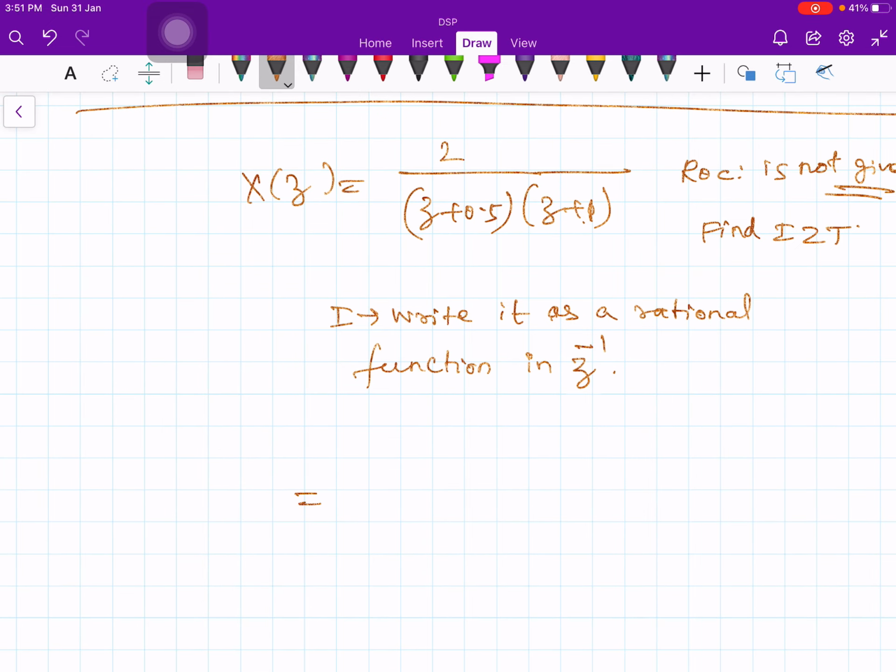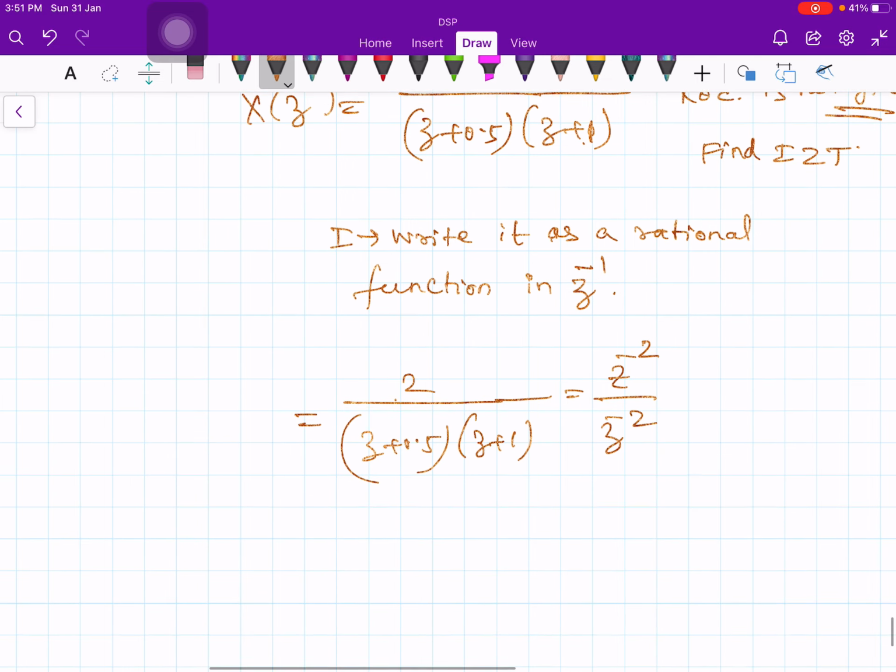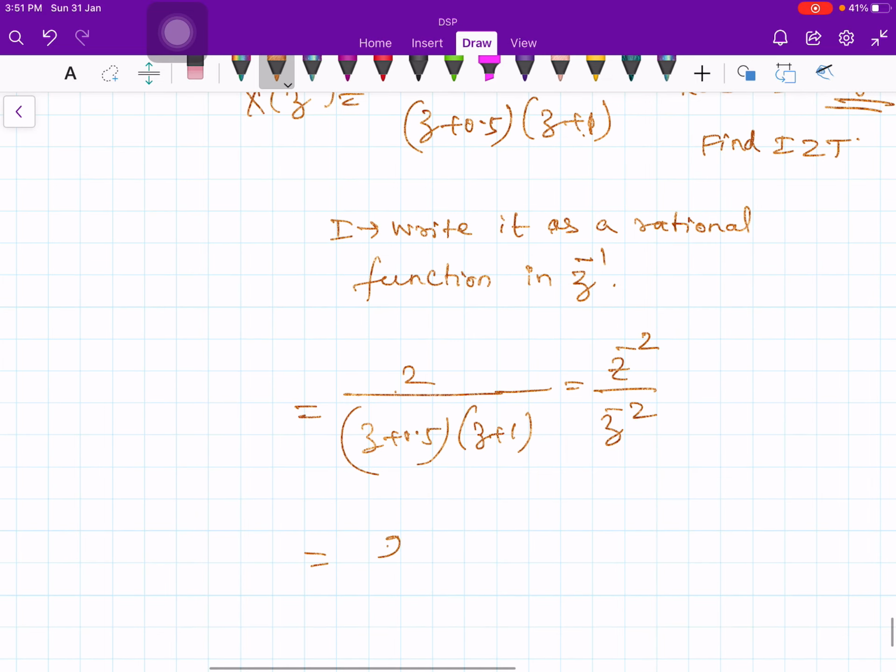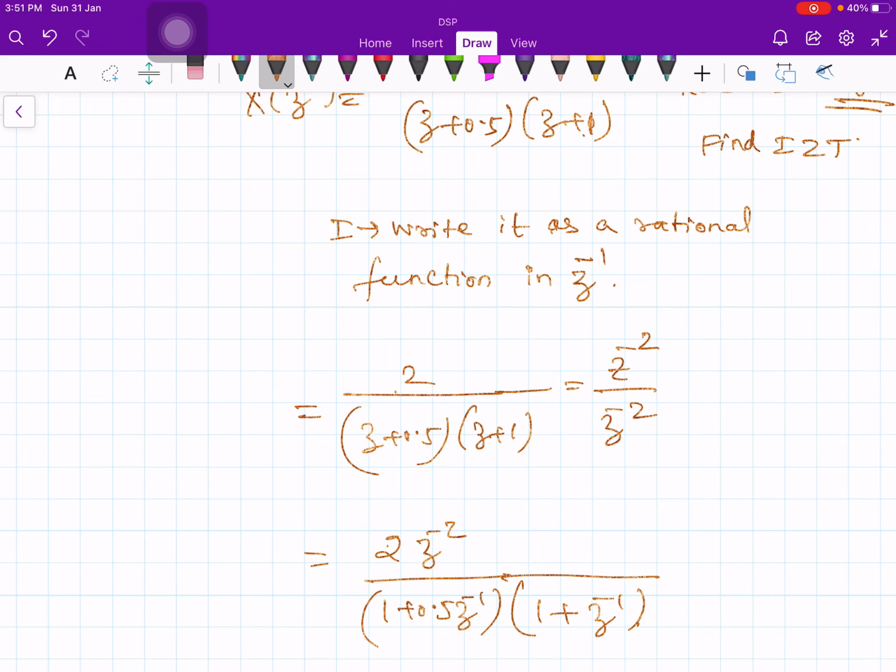Therefore this is 2 divided by (z plus 0.5) and (z plus 1), equal to, you multiply both the numerator and the denominator by z to the minus 2. So 2 times z to the minus 2 divided by (1 plus 0.5 z to the minus 1) times (1 plus z to the minus 1).